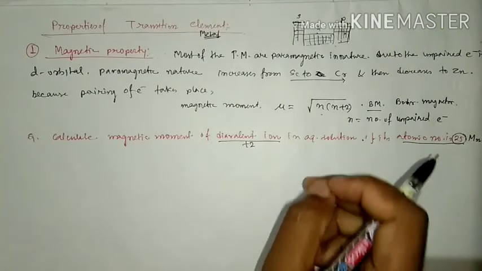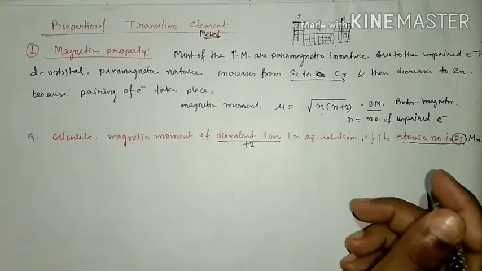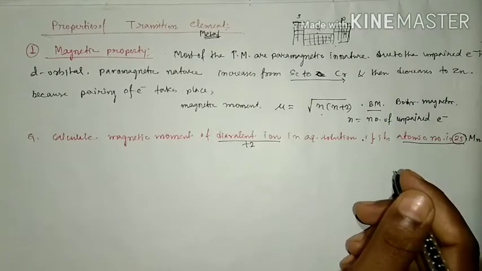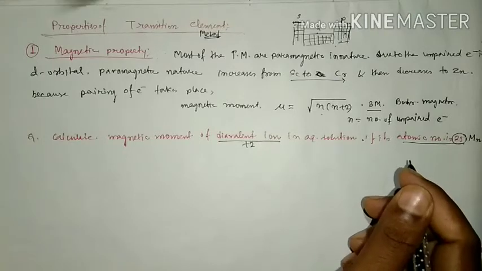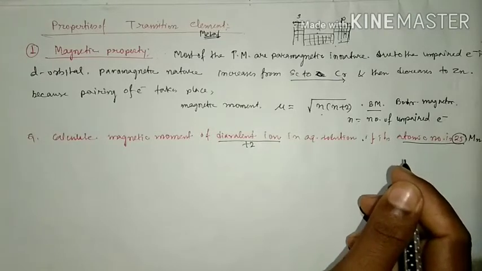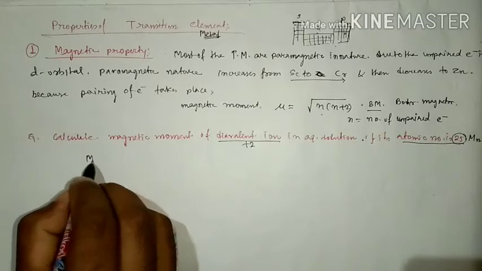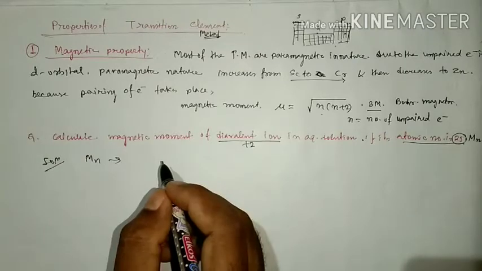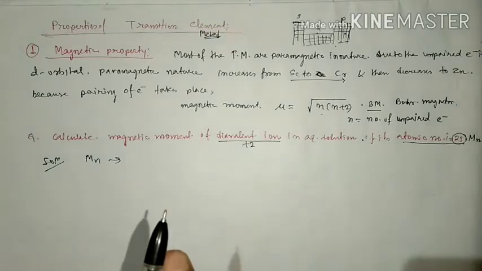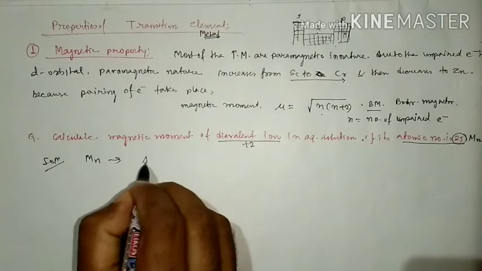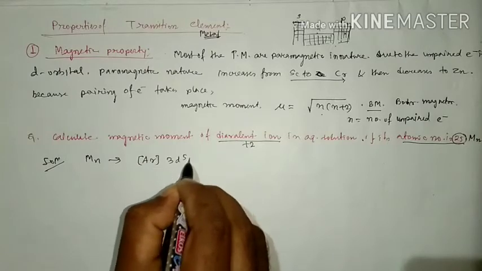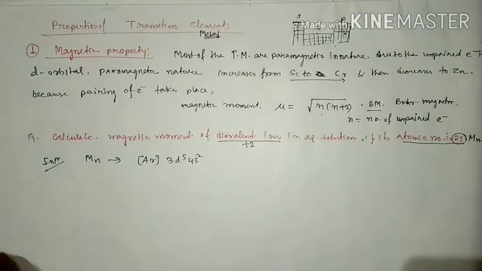Now let us write the electronic configuration of manganese. Now see, what is the electronic configuration of manganese? Just try to do it yourself. Now see how. Manganese, I am writing the solution. Normal manganese has the electronic configuration argon 3d5 4s2.